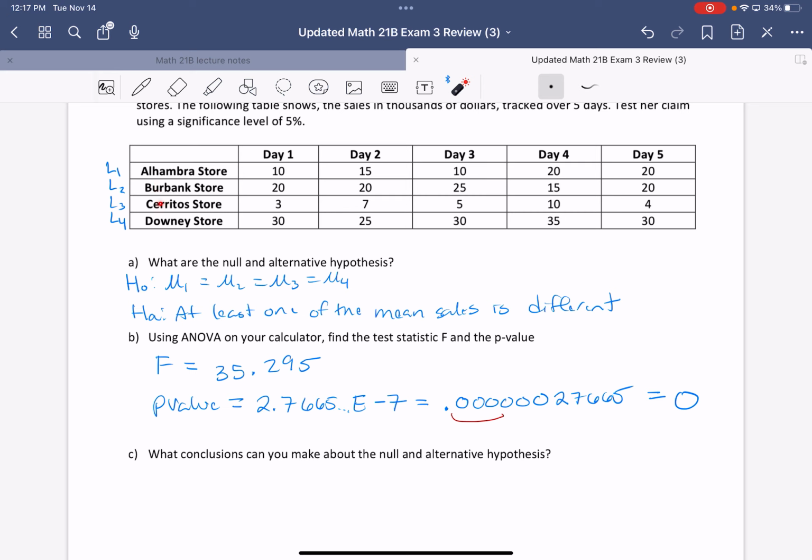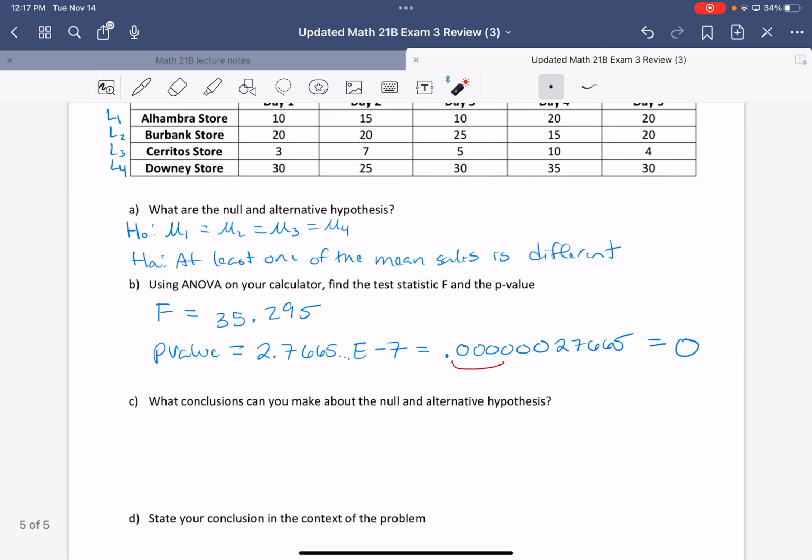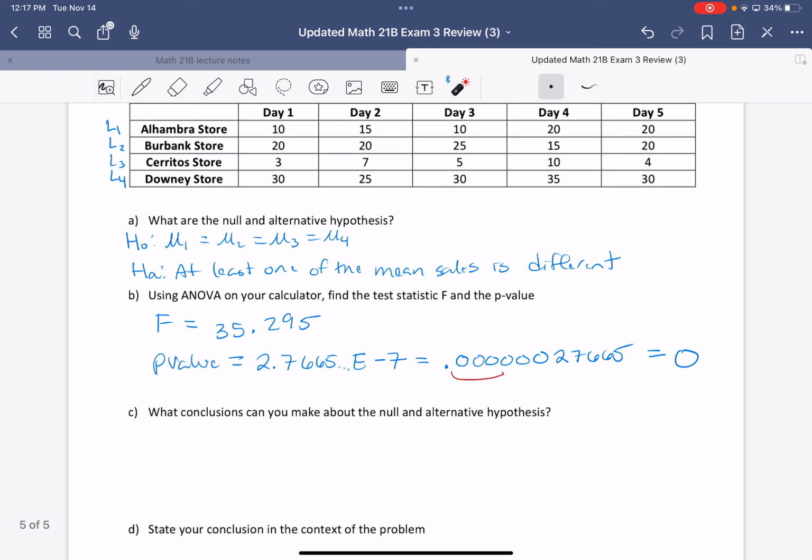It's still 5 days, but what we're comparing is not the days. We're comparing the stores. 1, 2, 3, 4. So this is why we only have list 1 through list 4, because we're comparing the stores. That's why we're reading from top to bottom.